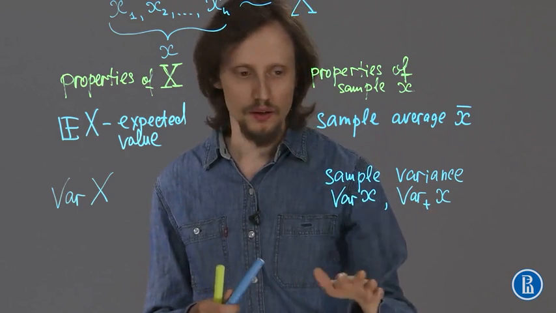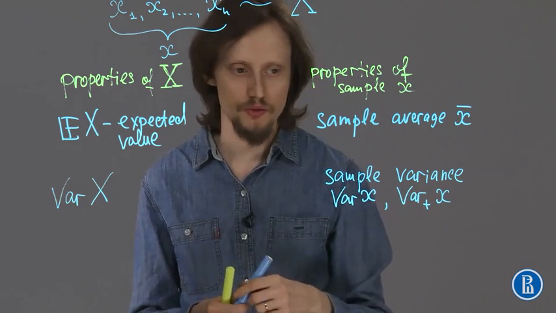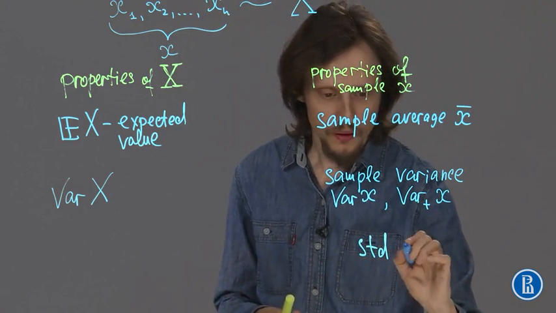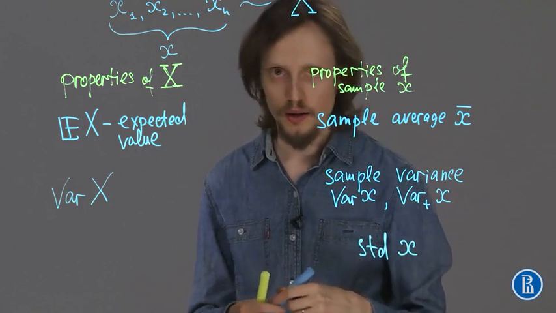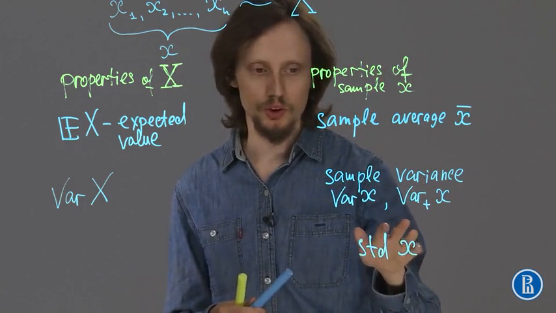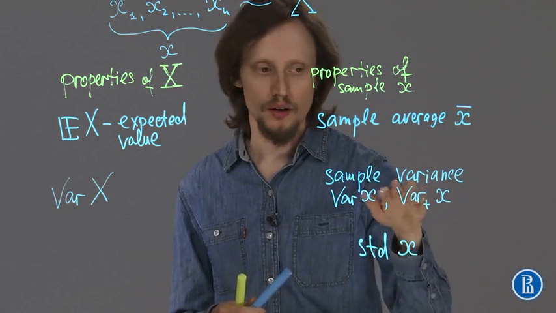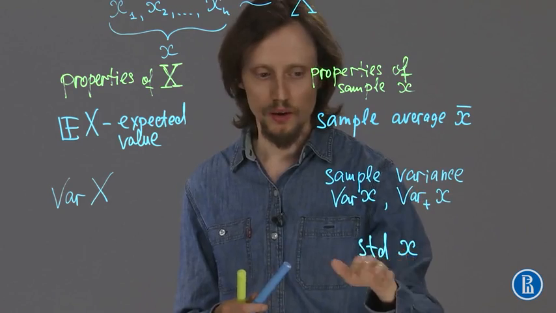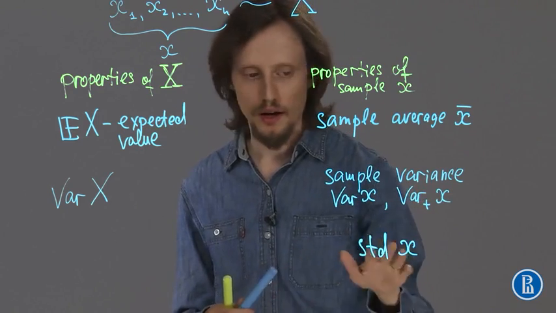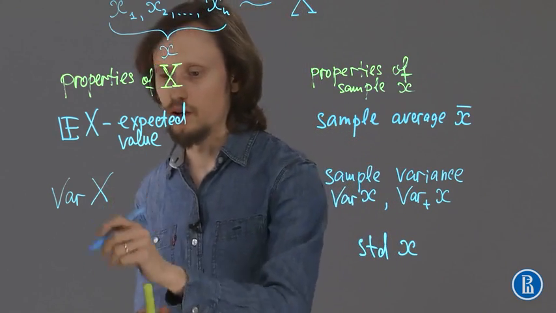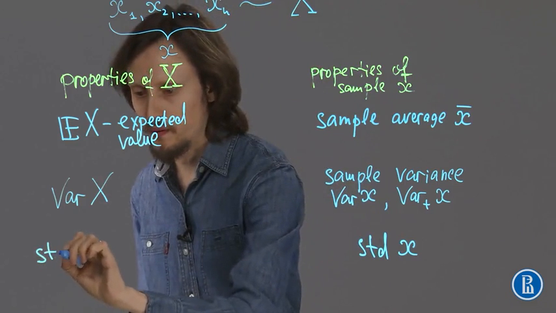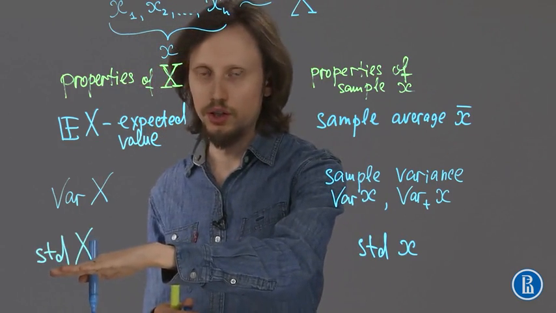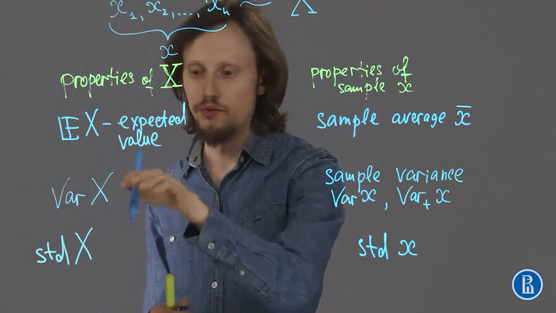Then we can discuss in the same way the standard deviation of the sample. Standard deviation is just a square root of the corresponding variance, usually unbiased sample variance. So the standard deviation of x tends to the standard deviation of X capital, which is in turn just a square root of the variance of X capital.